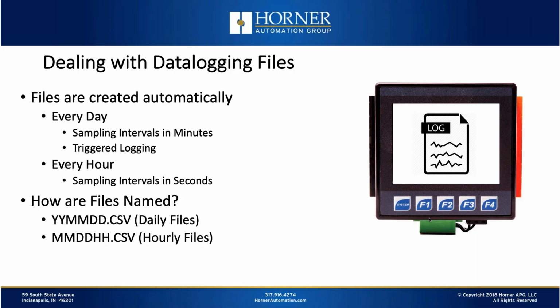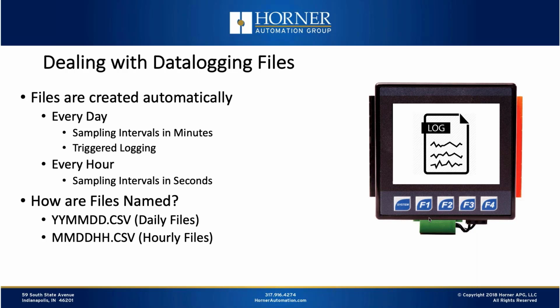Files are created automatically. Again, the whole idea here was to keep it simple, so you don't have to think about how to create new files. It just happens automatically. The OCS takes care of it. If your sampling intervals are in minutes or longer, or for triggered based sampling, those files are created every day. If your sampling intervals are in terms of seconds, every 15 seconds, 5 seconds, as fast as every 1 second, then you're going to get a new file every hour.